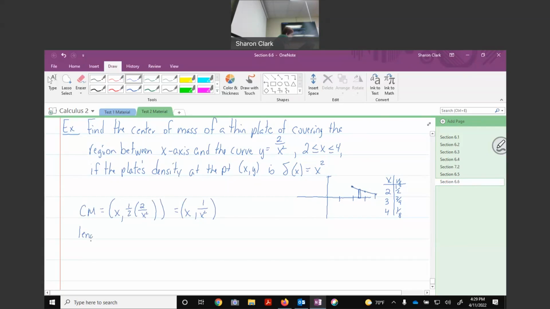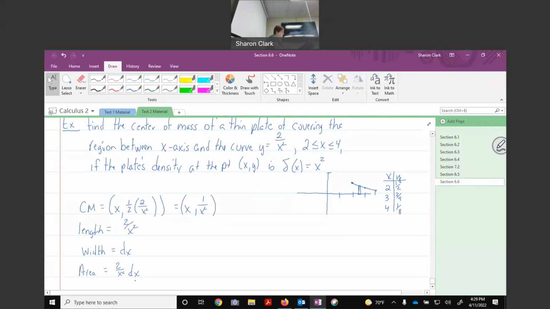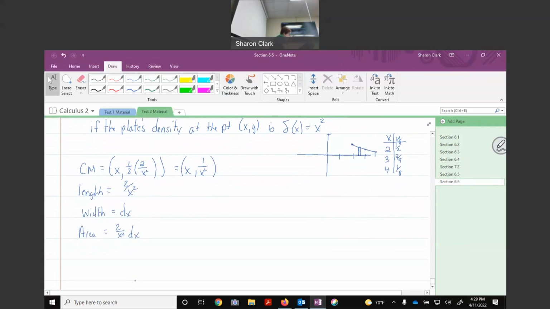Length is 2 over x squared. Width is dx. Area is 2 over x squared dx. dm equals delta times area.